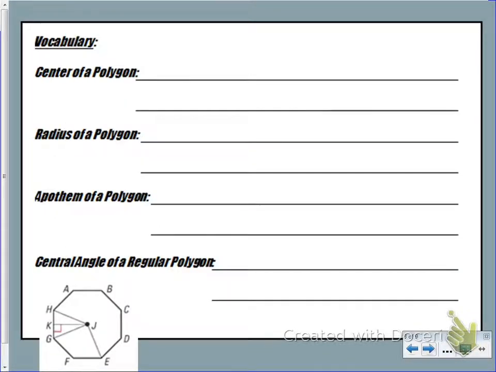Okay, so there's some new vocabulary you need to be aware of. As we're talking about this, you do have a picture in your annotations, and I have that in the bottom left corner, so I'll be referencing that as we speak.